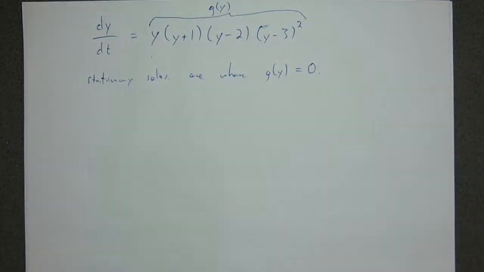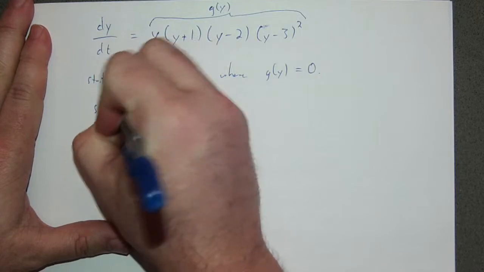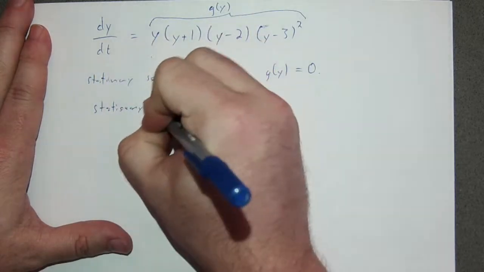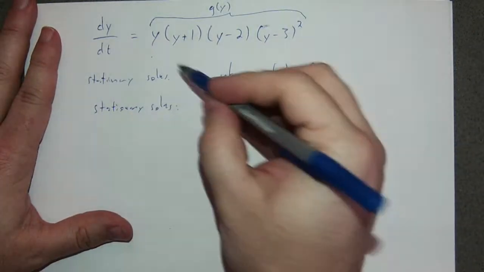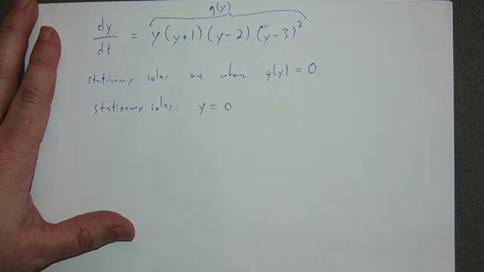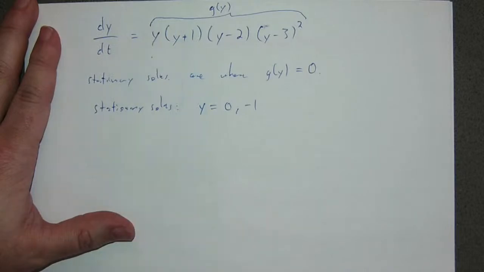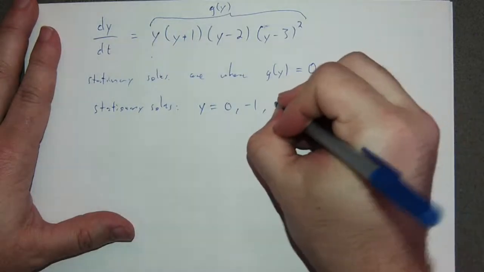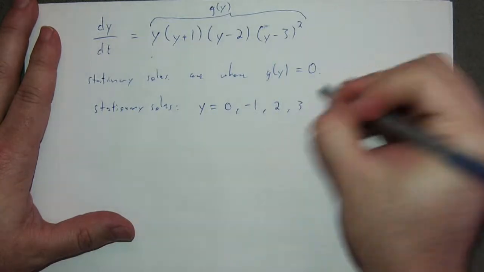So what are the stationary solutions for this particular equation? y equals 0, y equals minus 1, y equals 2, and y equals 3.